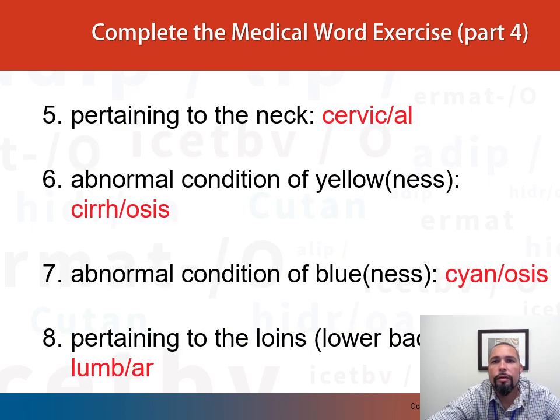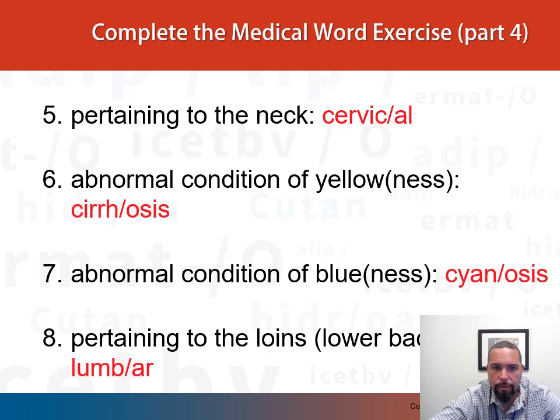Again, going over some more exercises in completing medical words. You can see how when we're talking about the neck, we're talking about the cervical. We're talking about abnormal condition of blueness, cyanosis, and anything pertaining to the loins or the lower back will be your lumbar.